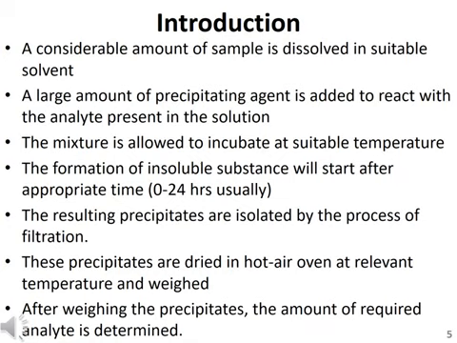Usually, when these precipitates are formed in a mother liquor, as this mother liquor contains a lot of water, these precipitates have plenty of water in their crystals. So in order to remove the water molecules from the precipitate crystals, these will be dried, kept in a hot air oven to remove the moisture.